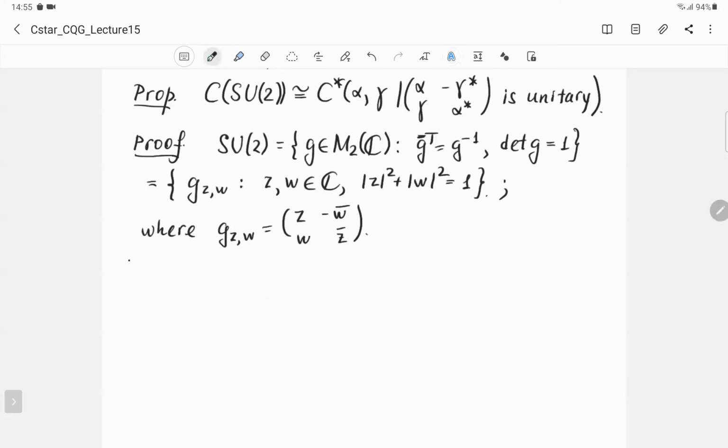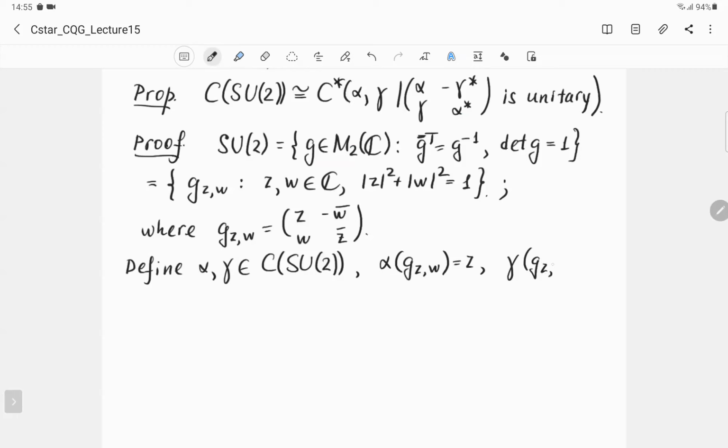We define alpha and gamma. They are continuous functions on SU2, as follows. So alpha and gamma are just coordinate functions.